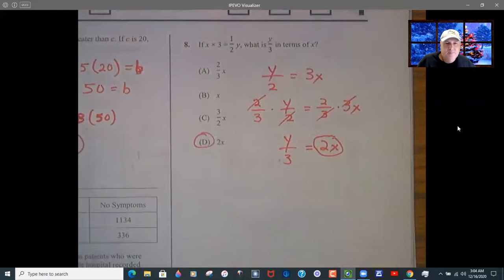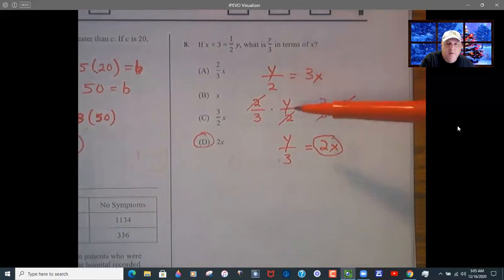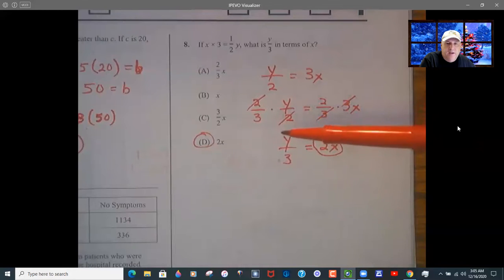Number 8, if x times 3 is 1/2 y, what is y over 3 in terms of x? So here we go again with eliminating denominators. The people that write these are just crazy with dealing with denominators. So I solved for y by multiplying by 2 on both sides, and at the same time divided by 3.